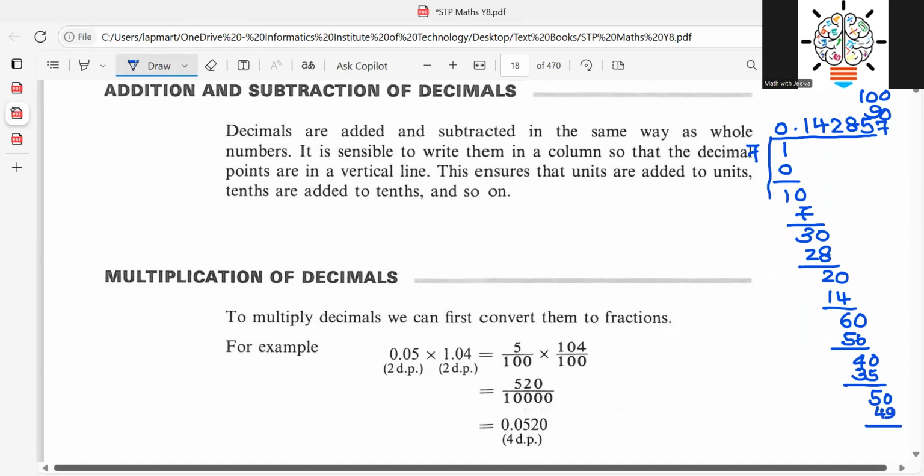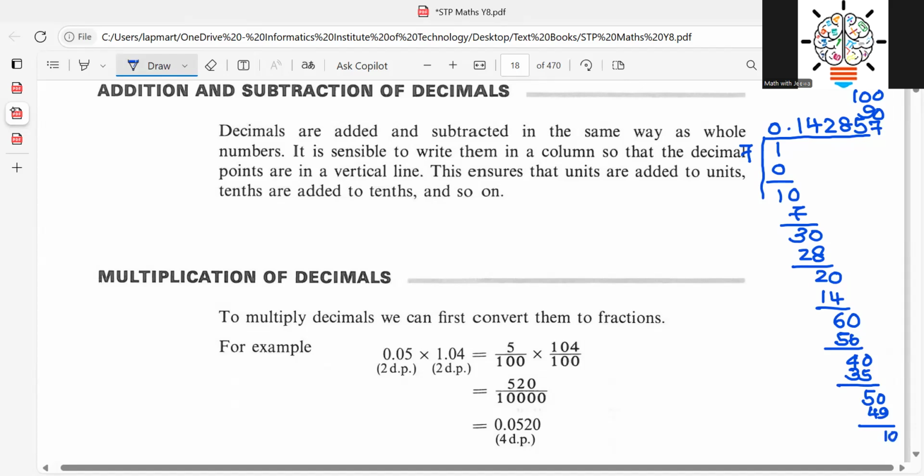Then you have 1, so that for the 10 you have.